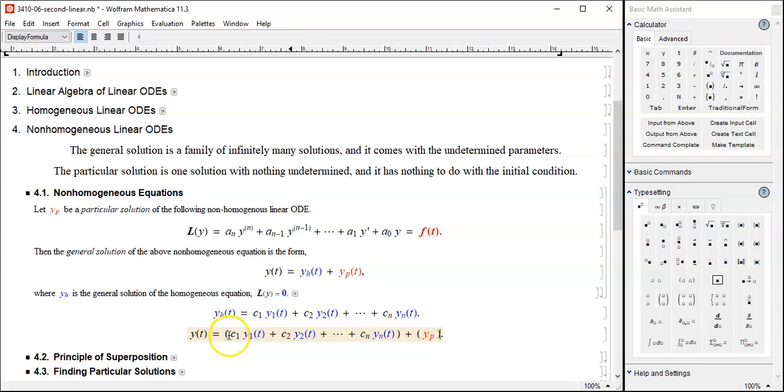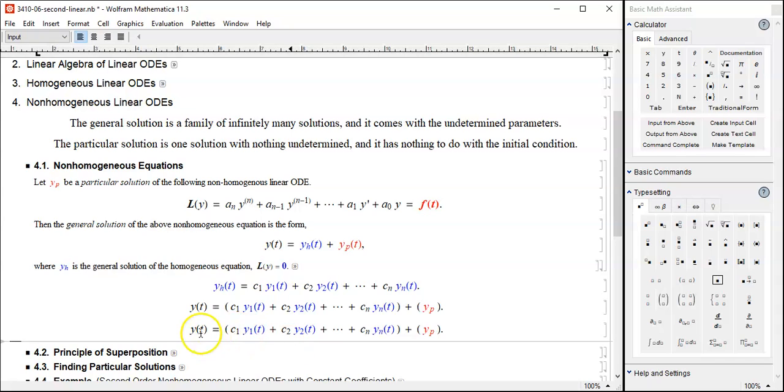So the YH part has all the undetermined coefficients, C1, C2, C3, and so on. YP, on the other hand, has nothing undetermined. So in the end, we have a solution with a lot of undetermined coefficients to be determined. So this will work as a general solution. Let's check. Let's check. What if I apply this L?